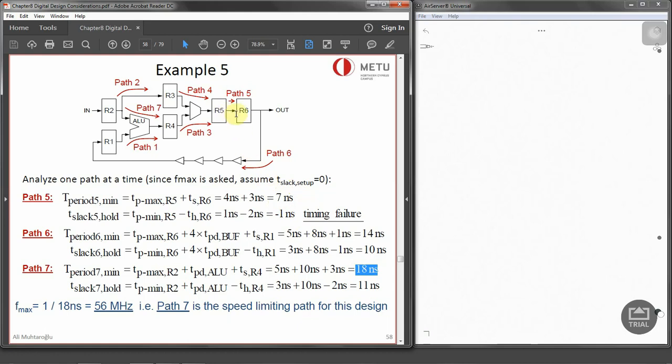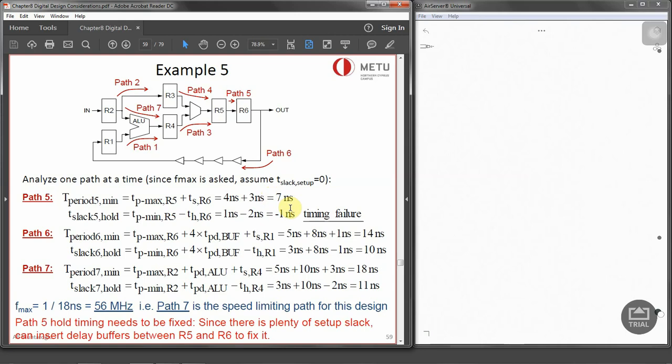If we add one buffer in between, we can avoid the hold violation as well. This will be 0 as we added one buffer over there, and this will be 8 nanoseconds in total. So that will solve path 5.